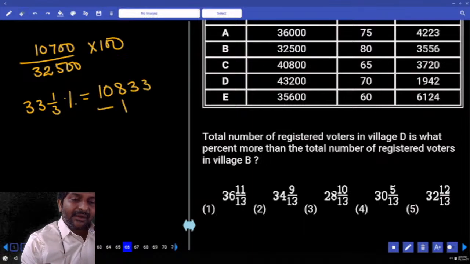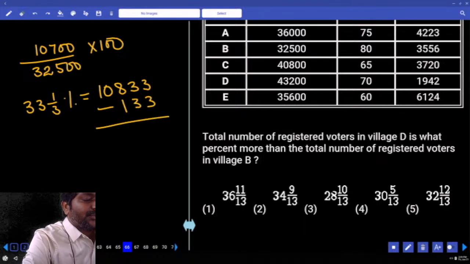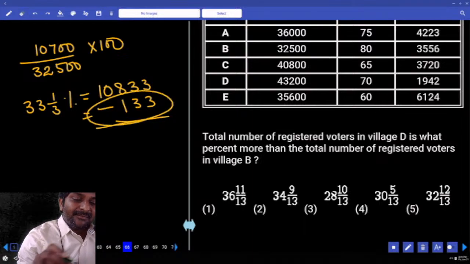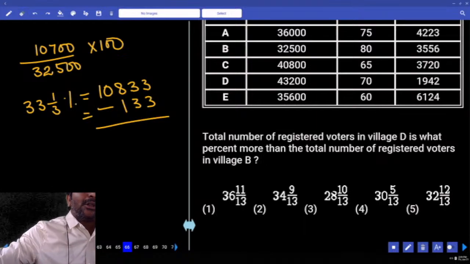From this, we have to subtract 133. What is 1% of the denominator? Do we have to subtract 1%? That means the value is less than 33 1/3, right? So answer should be close to 33 1/3, but should be less than that.